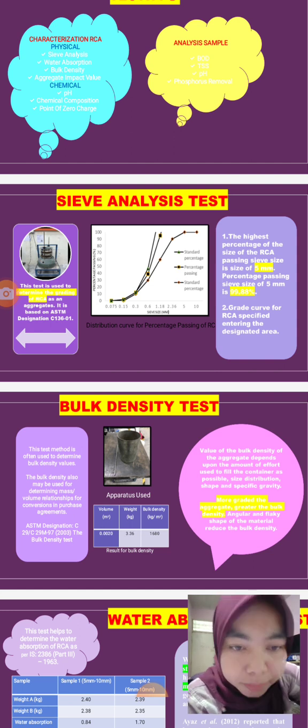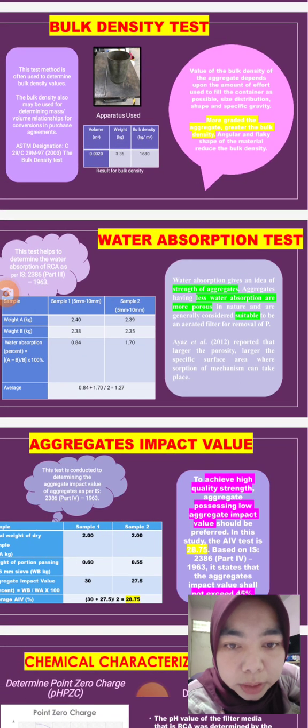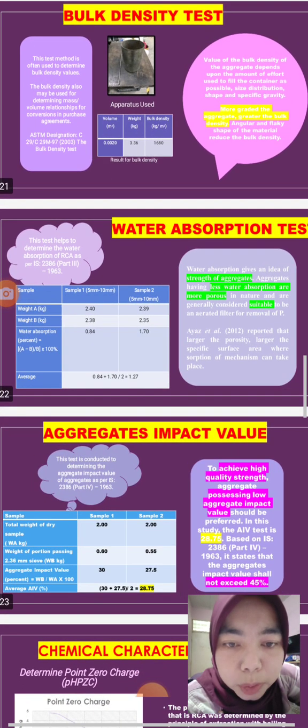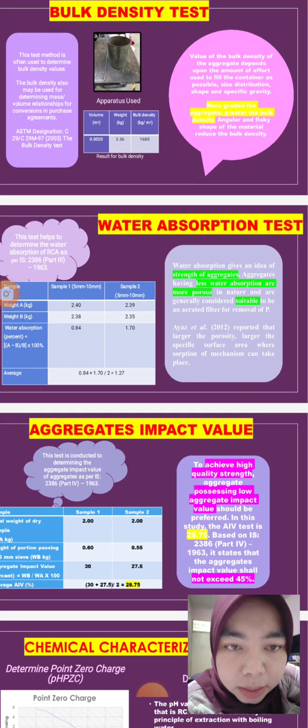Okay, for bulk density test, the result is 1,680 kilogram per meter cube. Next, for water absorption test, the average was 1.27, which is the water absorption of aggregate.